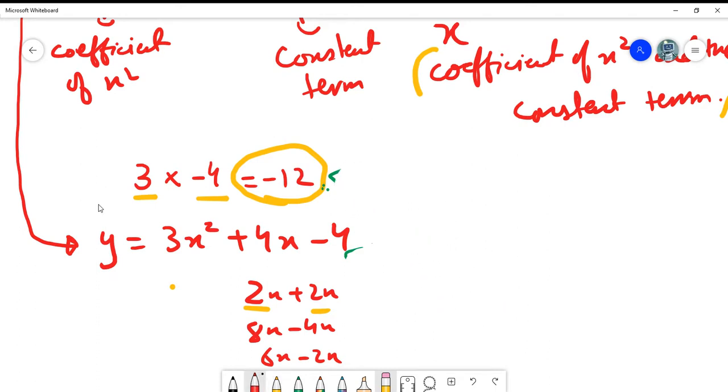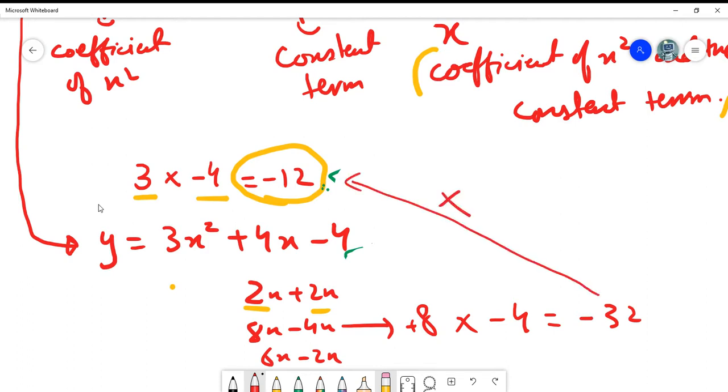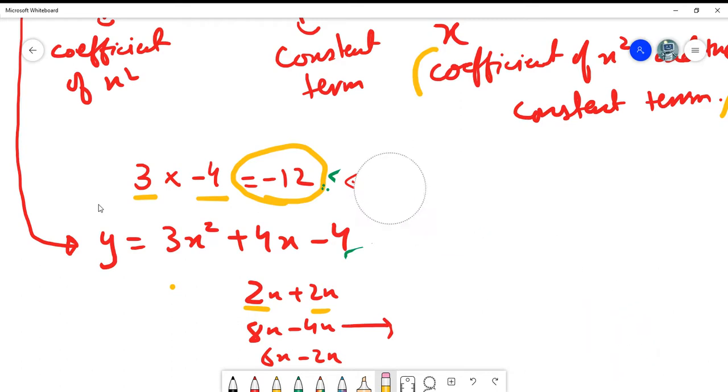Let's look at the second combination, which is 8x minus 4x, and multiply 8 with -4. So 8 times 4 is 32, and plus 8 minus 4 is -32. Still, we did not end up with -12, so this is not the right combination. Now let's look at the third combination, which is 6x minus 2x.